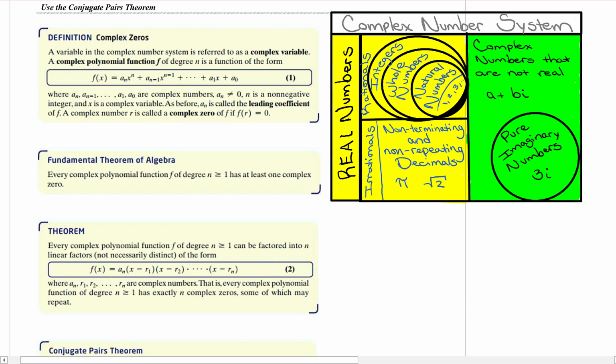The Fundamental Theorem of Algebra says that every complex polynomial function f of degree n greater than or equal to 1 has at least one complex zero.